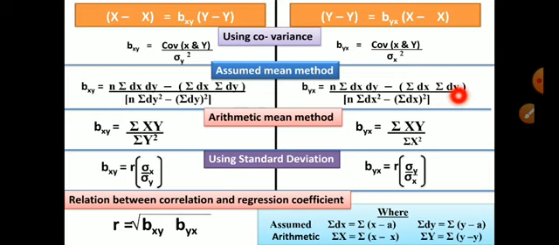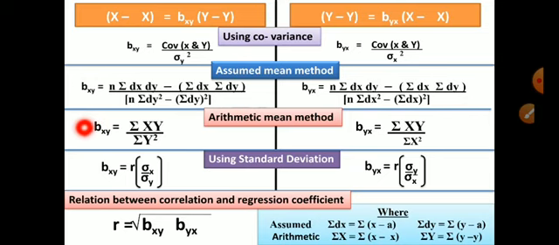Similarly in byx, the numerator is the same, divided by n summation dx square minus summation dx whole square. Here dx means x minus a, the deviation from the assumed mean.